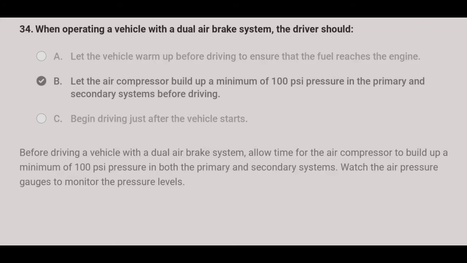B. Let the air compressor build up a minimum of 100 psi pressure in the primary and secondary systems before driving. Before driving a vehicle with a dual air brake system, allow time for the air compressor to build up a minimum of 100 psi pressure in both the primary and secondary systems. Watch the air pressure gauges to monitor the pressure levels.